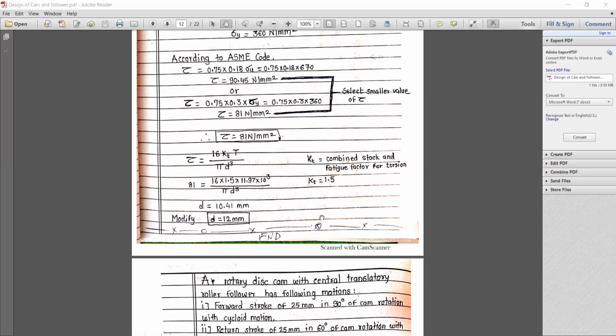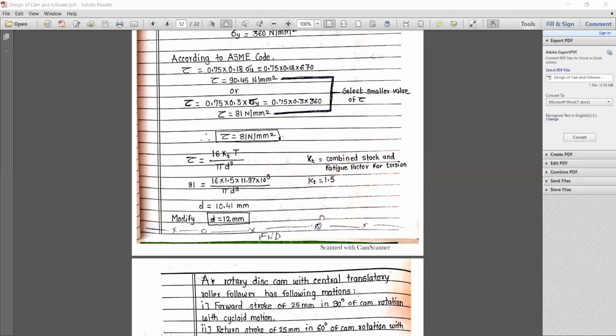Similarly, you can again put in the value of diameter and calculate the value of tau. So these are the simple steps which we can use for the design of any cam and follower with simple harmonic motion.